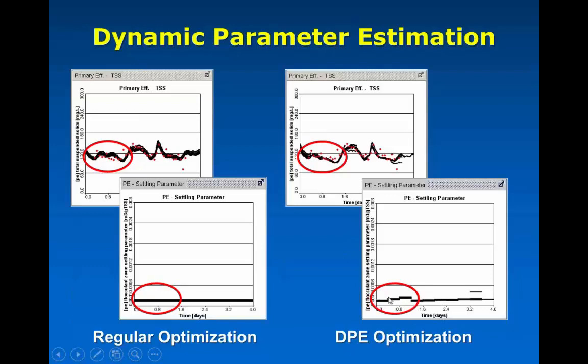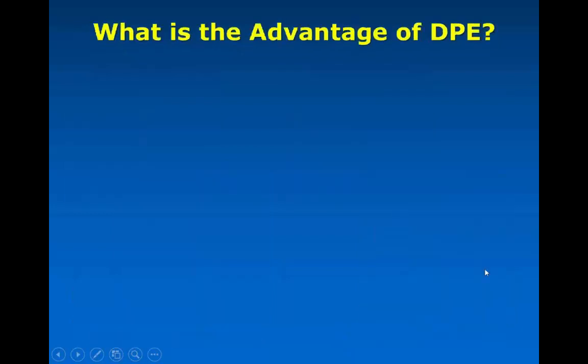This is indicating that there was some sort of settling issue happening there, and the settling parameter of the model was not really constant over the length of that simulation. Something was going on here that is reflected in the data, but the model can't fit to it unless we allow it to change and then go back to the value that it came from before. So this is telling us a little story here about what was going on in the model.